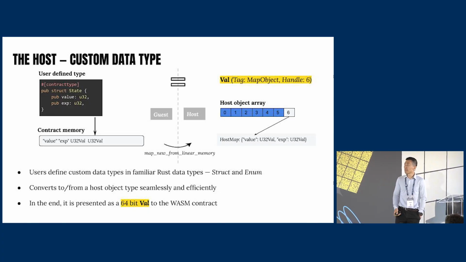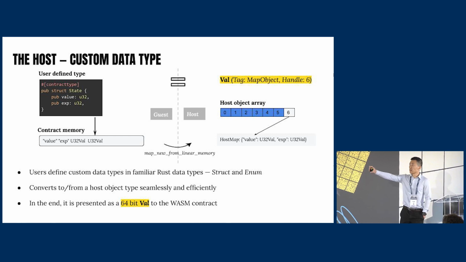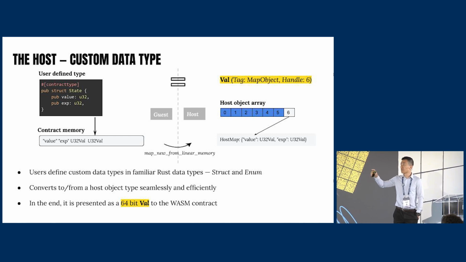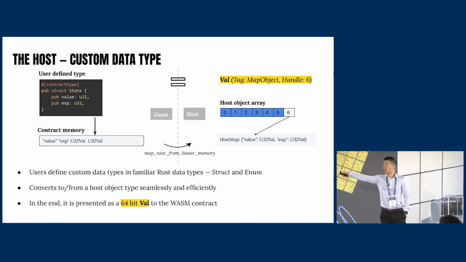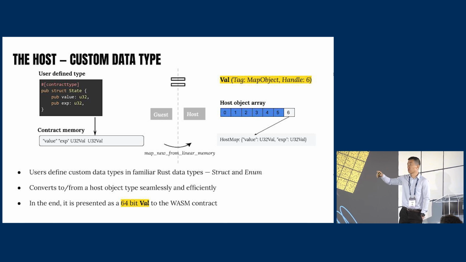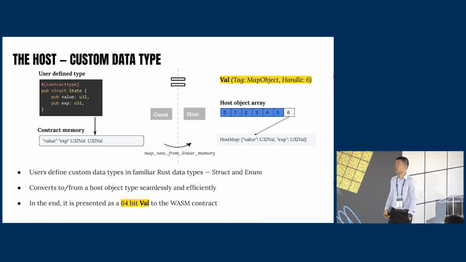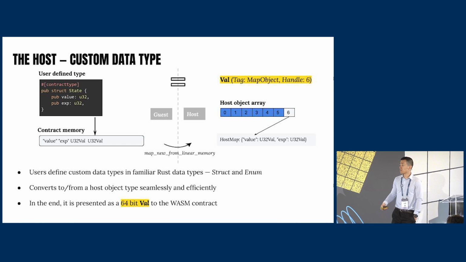Okay, so how do we go from a custom data type to a host type? Users normally write their own types in familiar Rust data types like struct and enum. Here you see an example called State that has two members called value and exp.